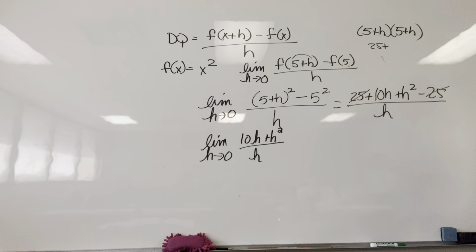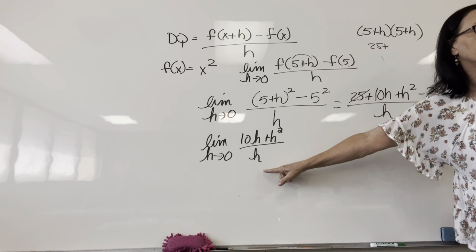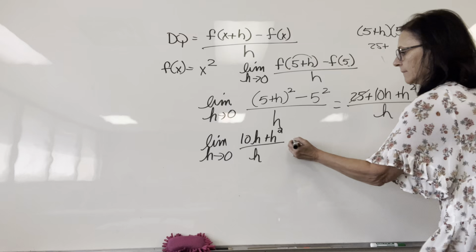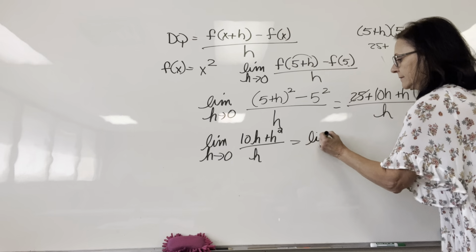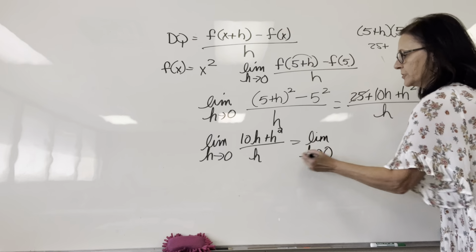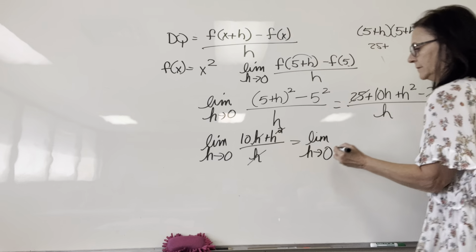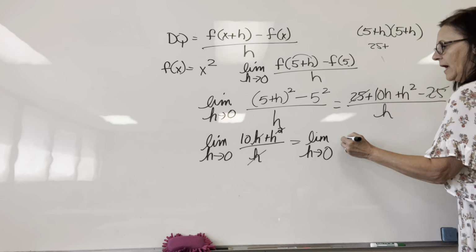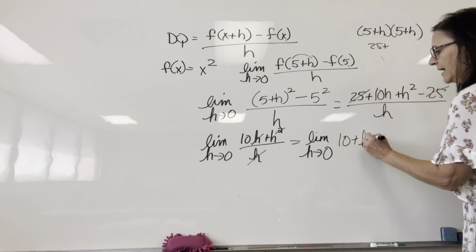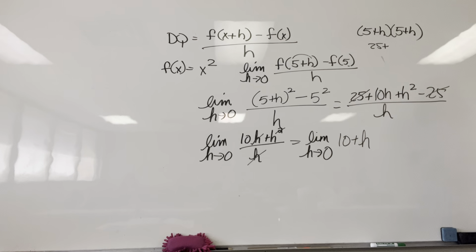Factor out an h, and h can be canceled out of every term. So it's the limit as h approaches 0 of 10 plus h. What's the limit as h approaches 0 of 10 plus h? It's 10 because h is 0.